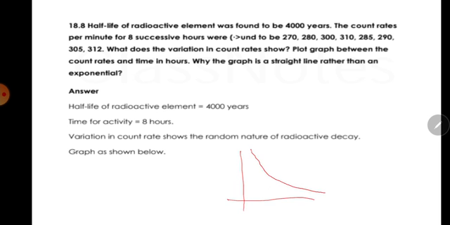Now the half-life of a radioactive element has been found to be 4000 years. The count rate per minute for 8 successive hours is given. So what does this variation in count rate show? And we have to plot the graph also.